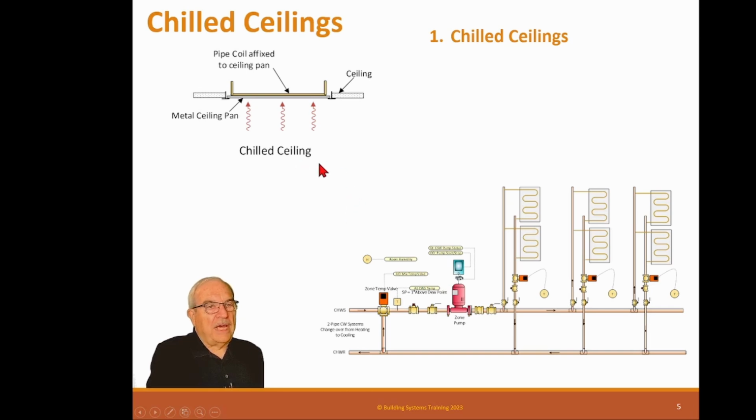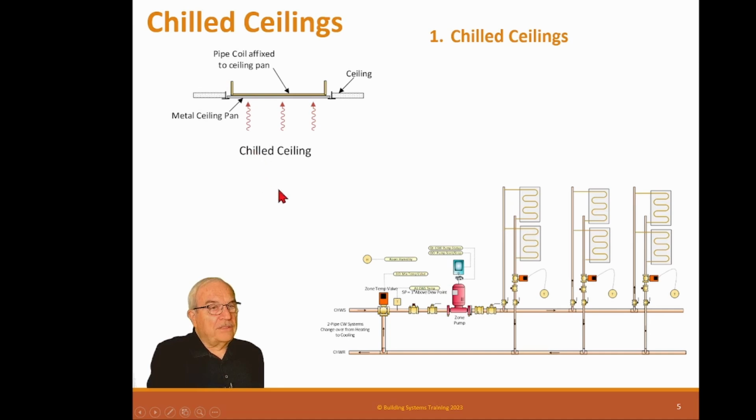So what happens here is these ceiling panels have a copper pipe adhered to the back of them, and these are aluminum panels that are made to look like a ceiling tile, and they can be made any way you want them, but they look good, but they're actually made out of metal and not fibrous material like the ceiling tile.